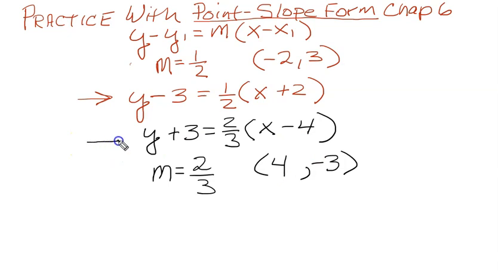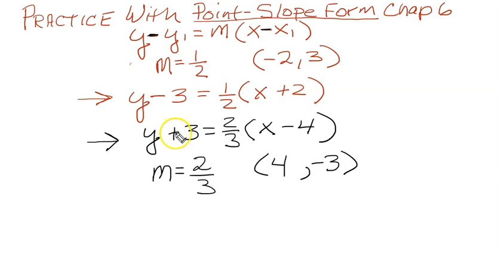So a shortcut, when you see an equation that is in point-slope form already, and they're asking you to find the slope and the ordered pair, if you remember, because of this negative in the original formula, what you see in this case is going to be the opposite sign of this.